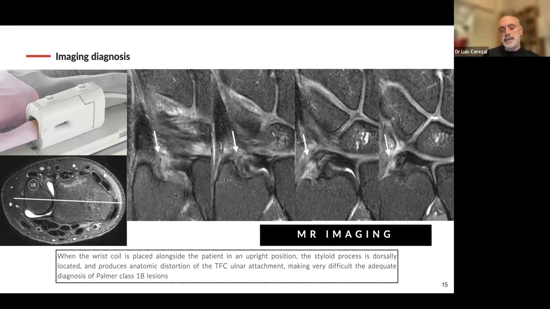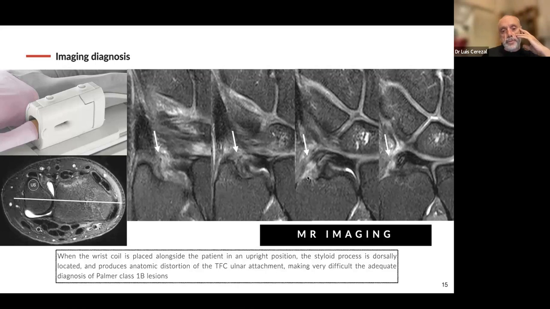Like in this case, this is a completely normal patient with a normal ulnar insertion of the TFC, but there are several images that could be very similar to an injury, especially if we have fluid in the peristyloid recess, or the ligamentous subsheath problem could lead to a false misdiagnosis of ulnar foveal or styloid insertion tear of the TFC.